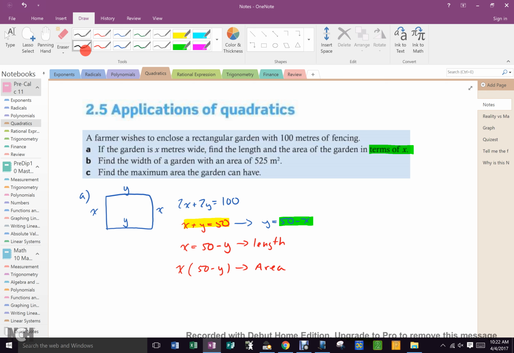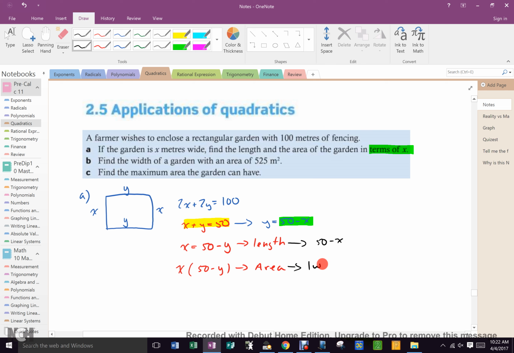So what will happen here? What will my length become? 50 minus x. What will my area become? Area is length times width, correct? Right?